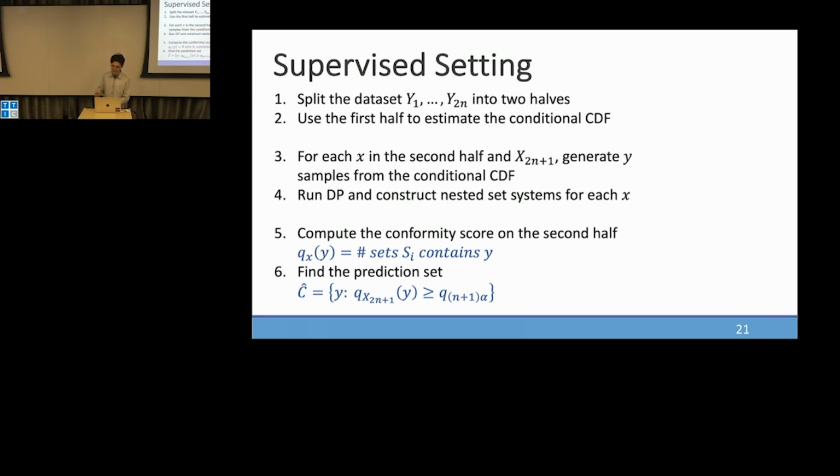And now you can use the conformal method to output the prediction set. You can consider this nested system as the discretization of the quantile space. And based on this quantile space discretization, you can map the points in the validation set to the conformity score.